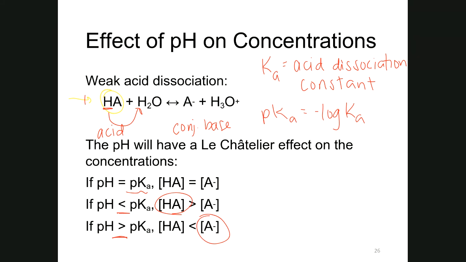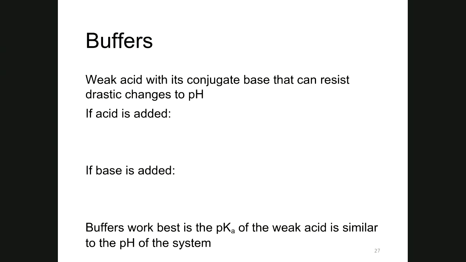And this is important when we look at buffers. Now, a buffer is a weak acid with its conjugate base put together in a system. That's why it's important for us to understand the acid-base conjugate pairs and why we had to look at that previous slide. So it's a weak acid with its conjugate base, and the whole purpose of a buffer is that it can resist big changes to pH.